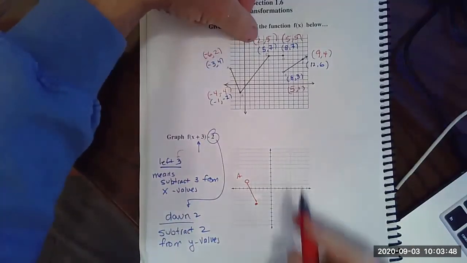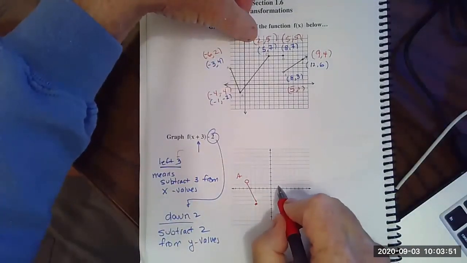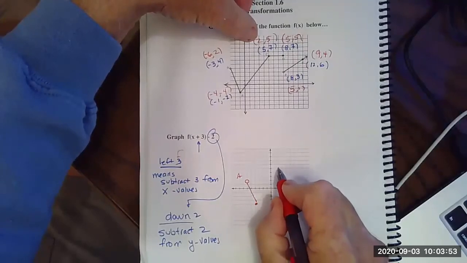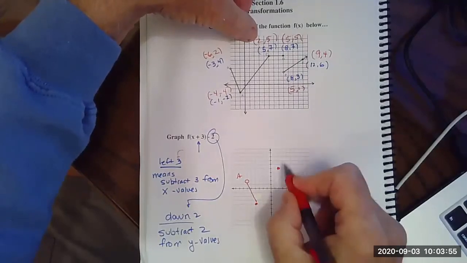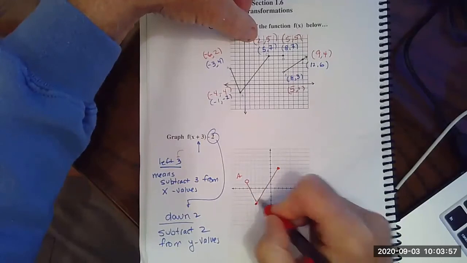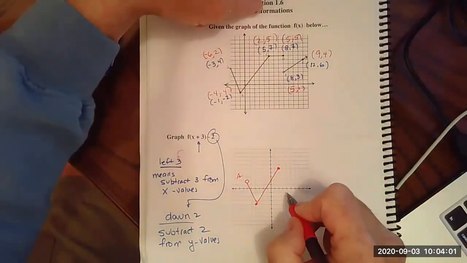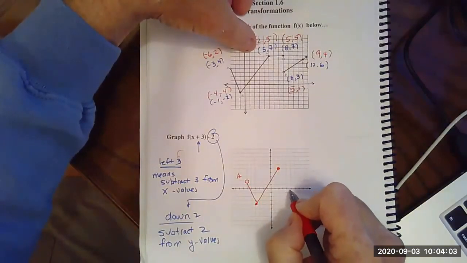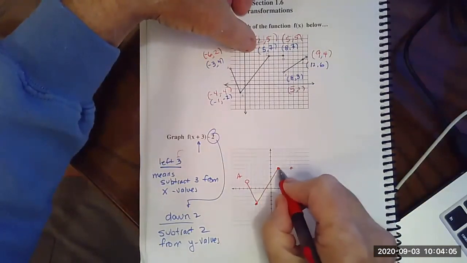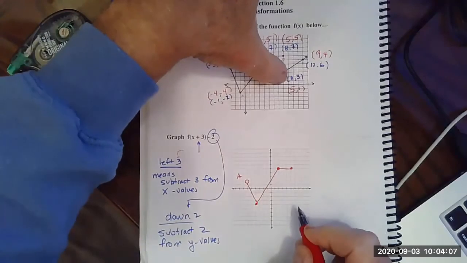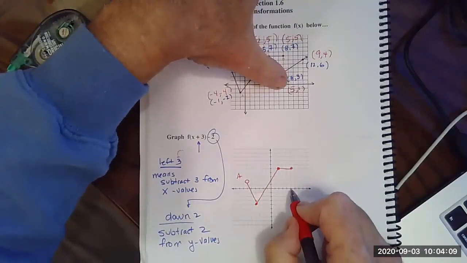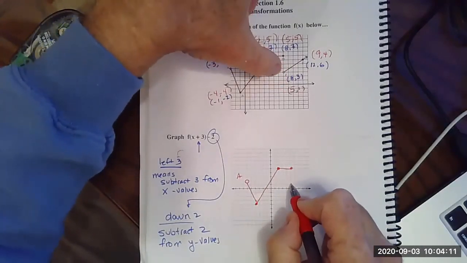Okay, the new C is 2, comma 5. 1, 2, 3, 4, 5. And that's a solid dot. Connect the dots. D, 5, 5. 3, 4, 5, 5, 5. E, 5, 1. That's an open circle.